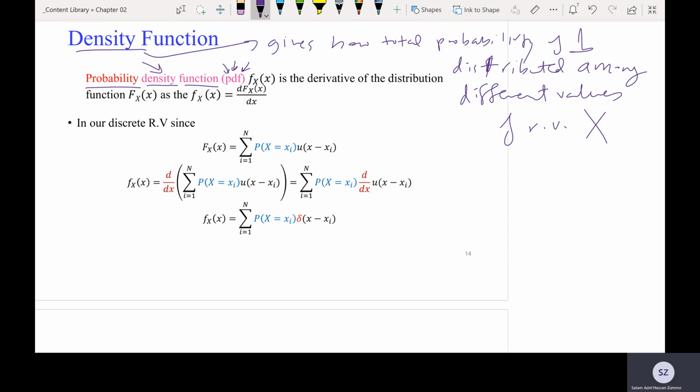And because it's a density function, it's basically the derivative of the CDF.